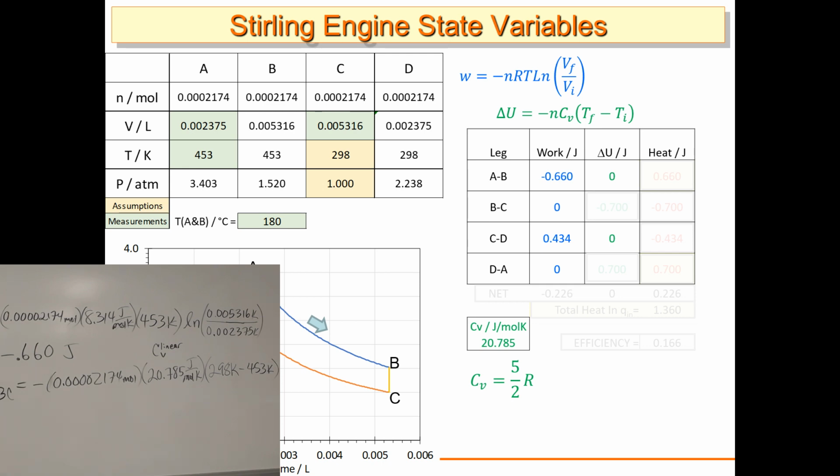So delta U is equal to Q plus W. And in this case, W is 0. So it's equal to Q. And Q is, I think this negative sign is not supposed to be there.